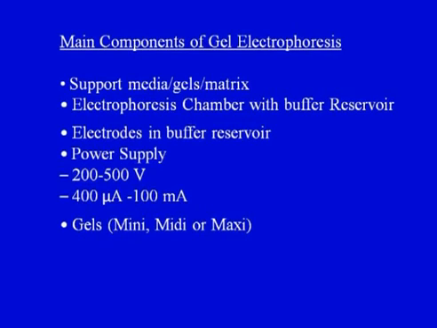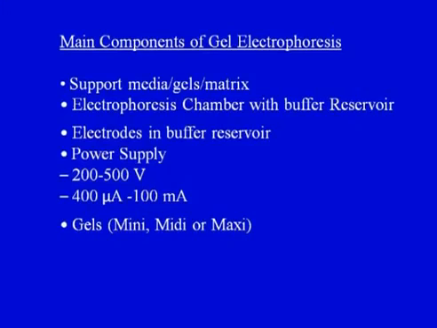The power supply could give you 200 to 500 volts, or say 400 microampere to 100 milliampere. So, these are the essential components of a gel electrophoresis apparatus: the electrophoretic apparatus, power supply and the gels. Now, there could be three kinds of gels: mini gel, midi gel or maxi gel.